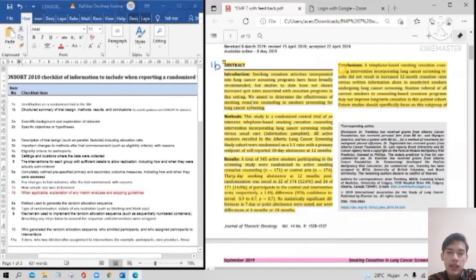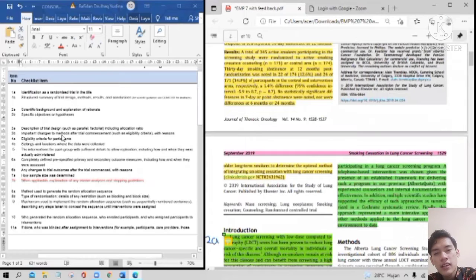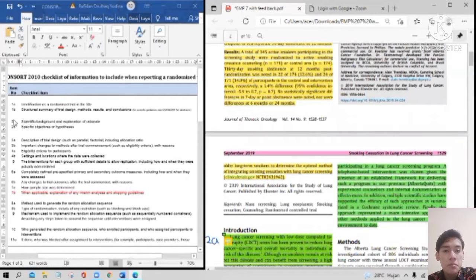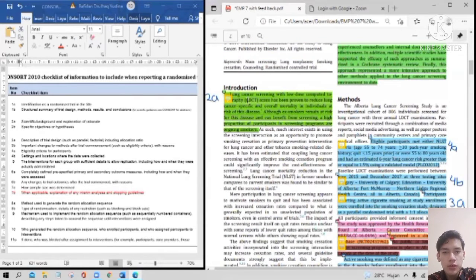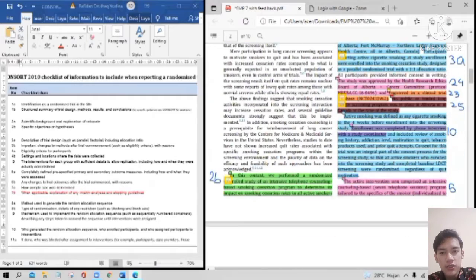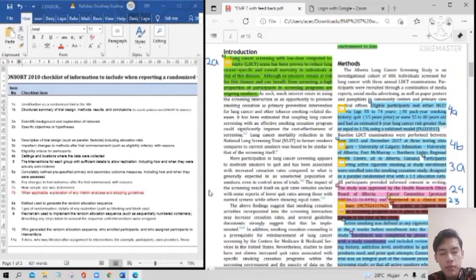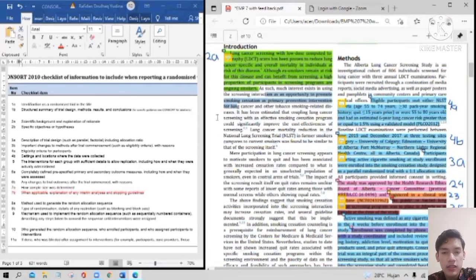Okay, for checklist number 2A, scientific background and explanation of rationale. You can see this article talks about lung cancer screening, and you can read the introduction part as well.